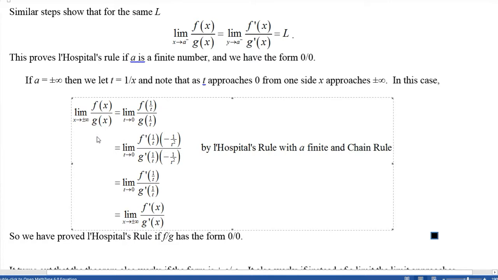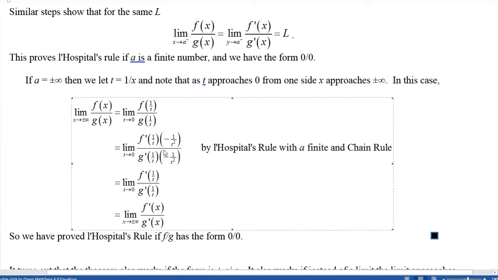So if you notice what I did when I went from the first expression to the second one, I just did a substitution. When I went from the second to the third, I used L'Hopital's rule, because now I used the version that we've already proved, where the a here is 0, which is finite.